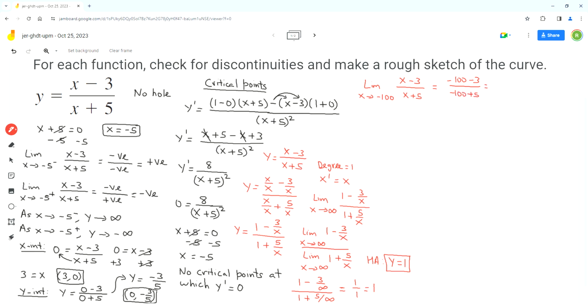In the numerator we get negative 103, and in the denominator we get negative 95. If we evaluate this fraction, we get a value greater than 1. We want to reference this value with respect to 1 because the horizontal asymptote is at y equals 1. So this is greater than 1, which means the graph approaches the asymptote from above.